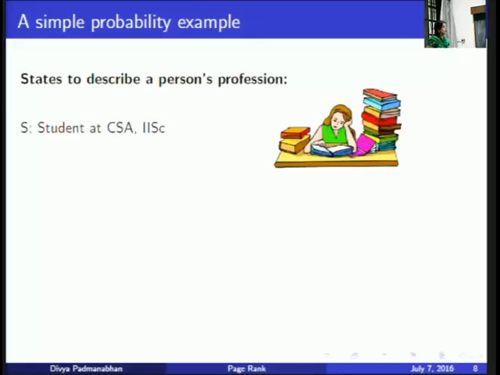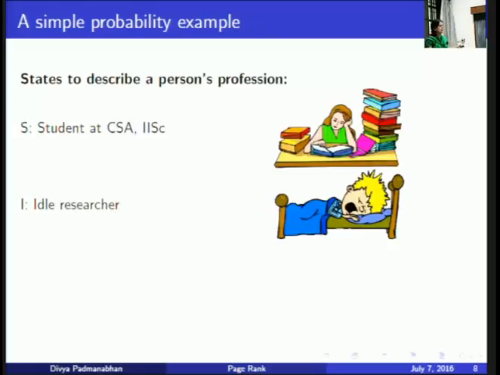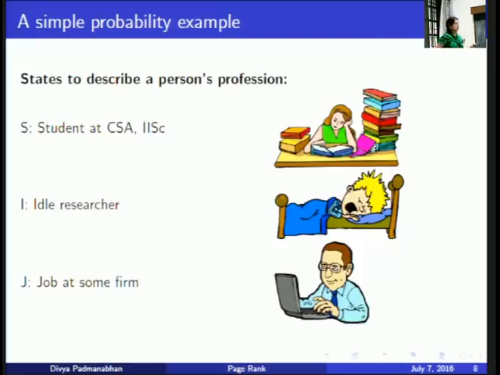One is a student at CSA here, a very hardworking student. The second is an idle researcher who spends all his time sleeping and maybe a little amount of time doing some research. And the third is somebody who is doing a job in some firm, in some company, or maybe some of the professors. For now think that there are just these three kinds of people in this world.